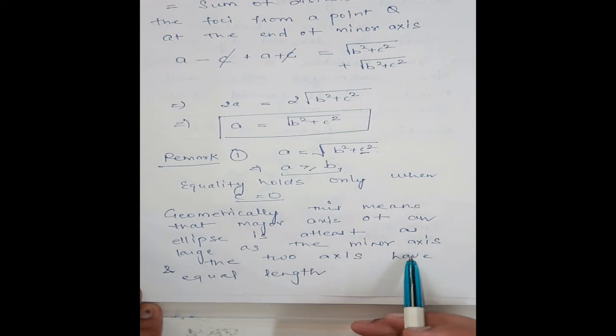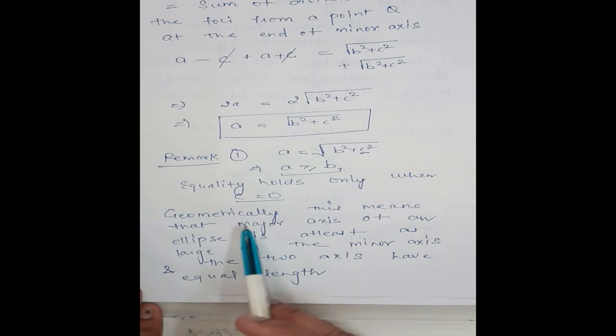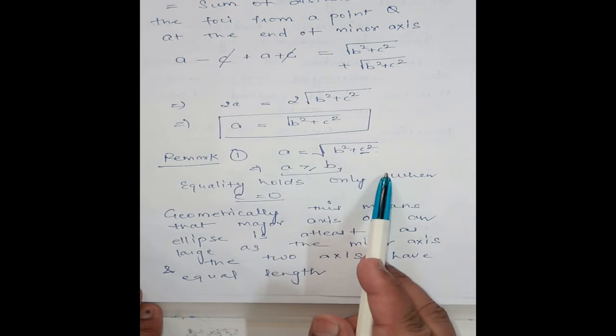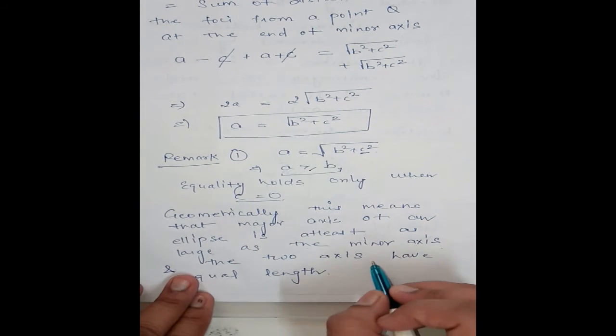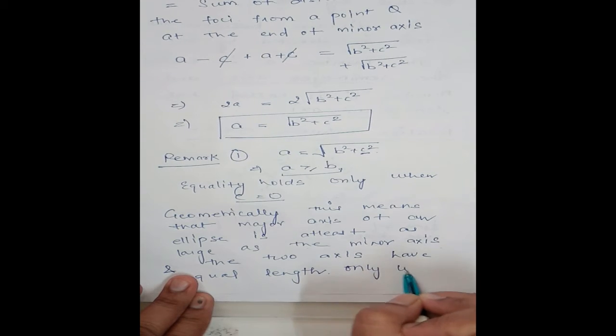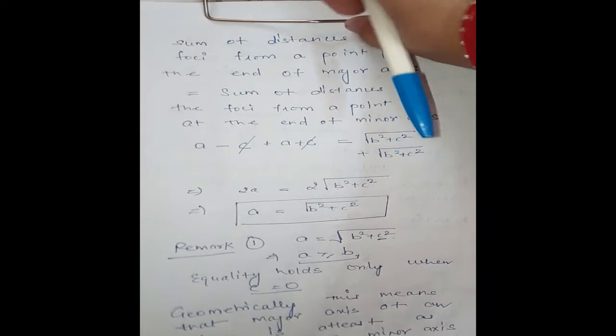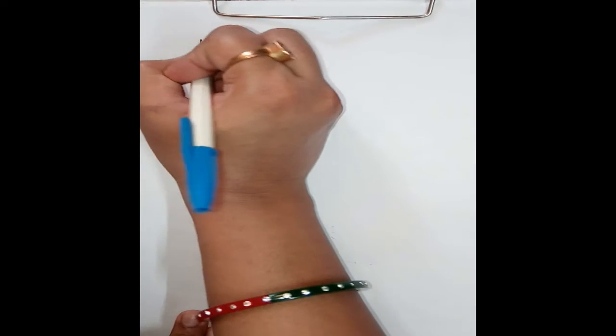The length of the major axis is 2a and the length of the minor axis is 2b. The two axes have equal length only when c is 0, that is, only when the two foci coincide.